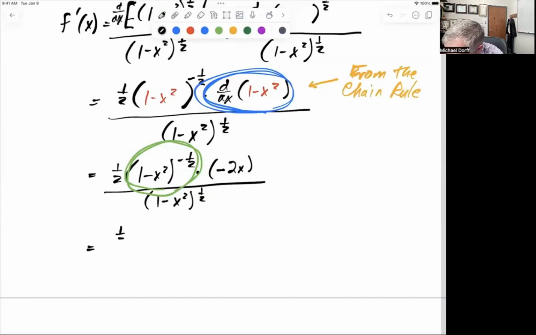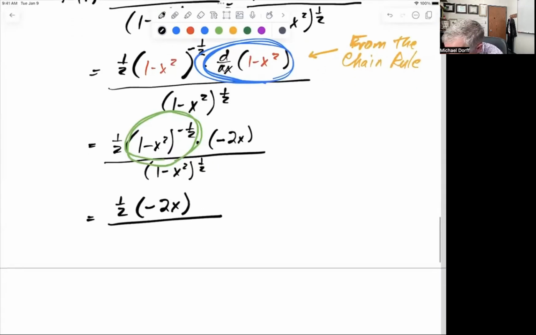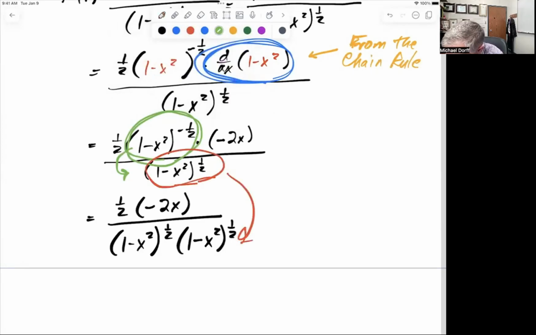So I'm going to still have that 1/2, and I'm going to still have a negative 2x in the numerator. But now I'm going to take that, what's in that green, and move it to the denominator. And I can do that if I change the exponent to a positive 1/2. And then I also have that positive 1/2 from here. So this is this one, and this gives me this one here.